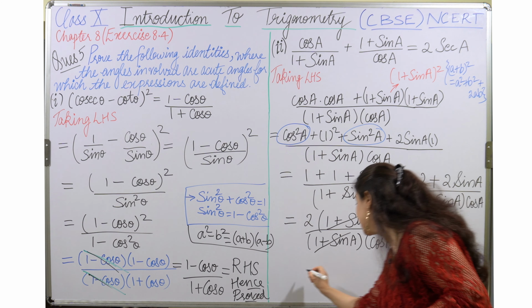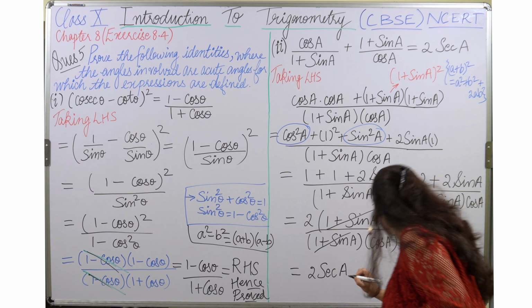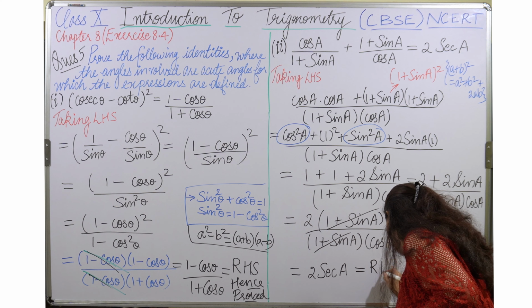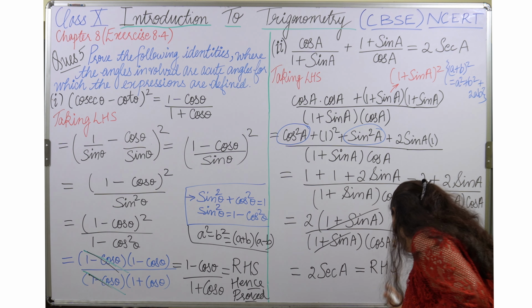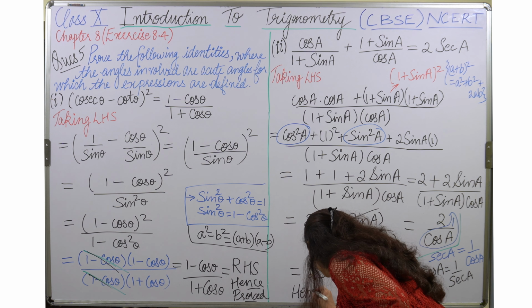So here I'll be getting 2 sec A, which is my RHS, which I had to prove, and so it is hence proved.